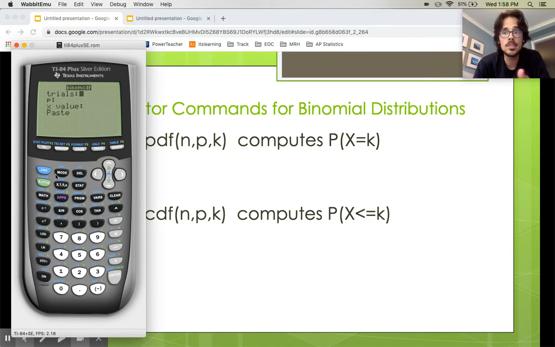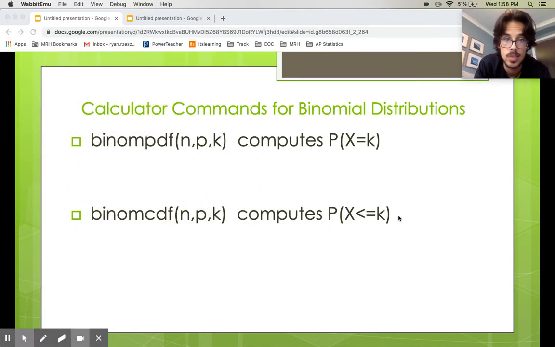So if I want less than or equal to 5, let's say I have 20 trials, probability of success is 0.4, and I want less than or equal to 5, I would do an X value of 5 right here. And then it'll just calculate it for me, and it's really kind of handy. So it's a good trick, but you have to understand that it always does less than or equal to on our basic calculators.